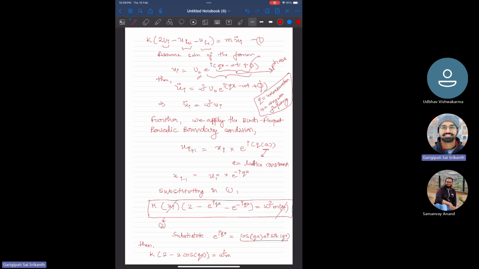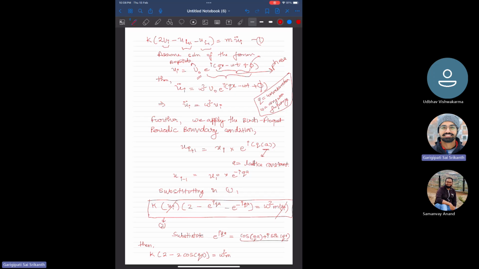And this is the extra phase term. If you assume u i to be of this format, u naught is the amplitude.